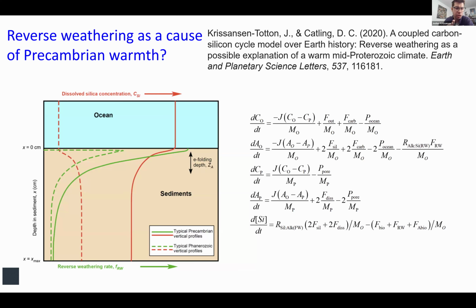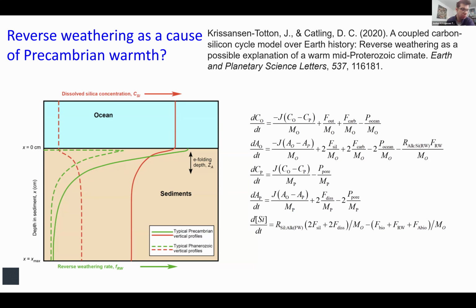And the schematic is just showing you how the situation might change, going from the Phanerozoic, the modern, where the dissolved concentrations of silica in the ocean are low, but can increase as you go into sediments, as you dissolve silica that's been deposited, versus the Precambrian, where you have very high dissolved silica concentrations in the ocean, and then they diminish into sediments as reverse weathering reactions remove them.